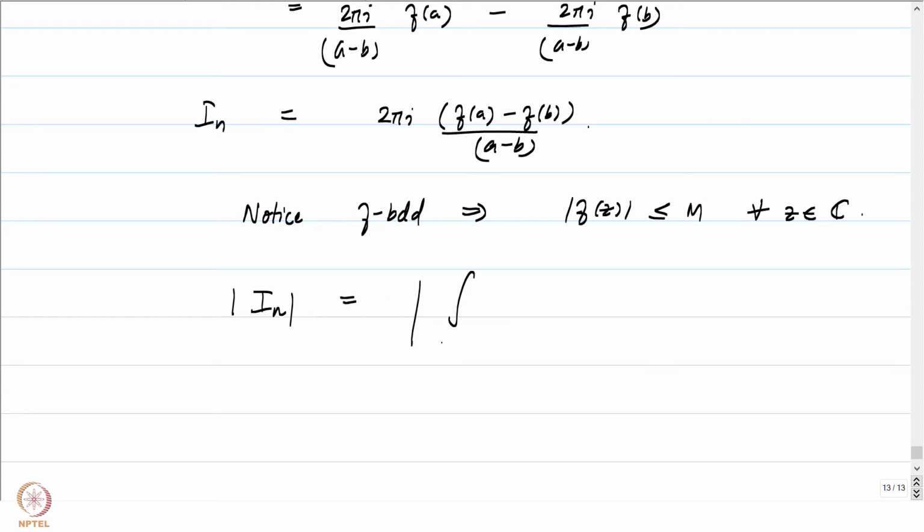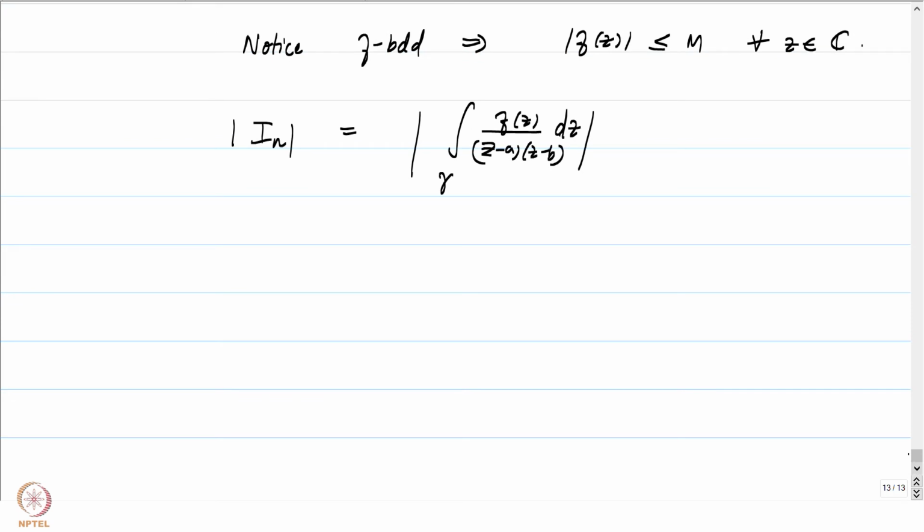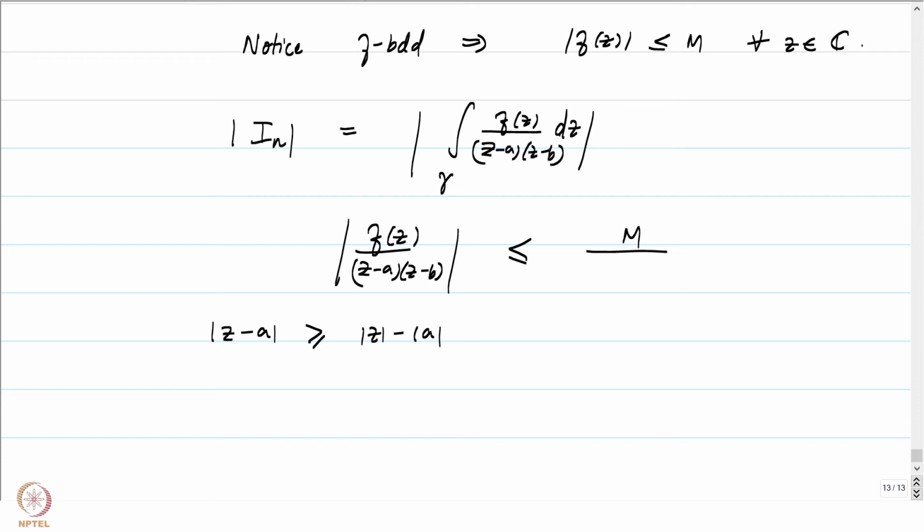Therefore, if you look at the absolute value of I_R, what was I_R again? The absolute value of the integral over gamma of f of z by (z minus a) into (z minus b) dz. If you notice, when a and b are fixed, the absolute value of f of z by (z minus a)(z minus b) is less than or equal to M, and remember that mod z minus a is greater than or equal to mod z minus mod a, right?